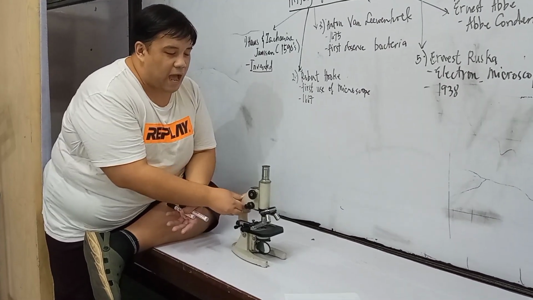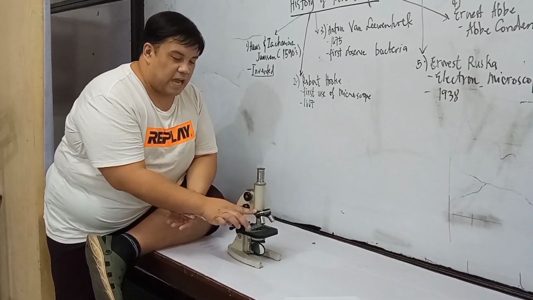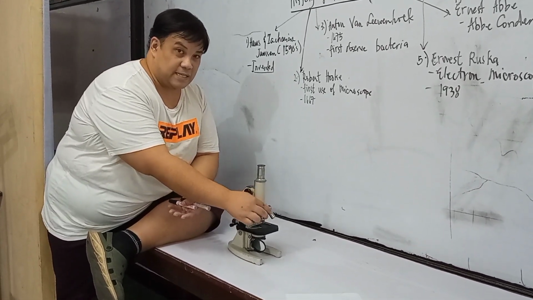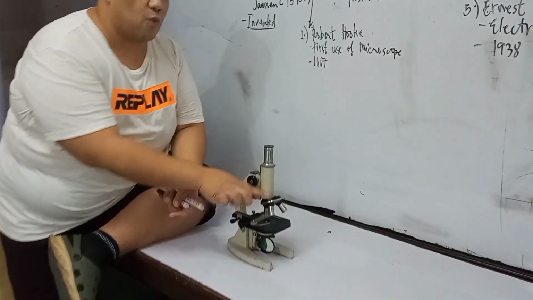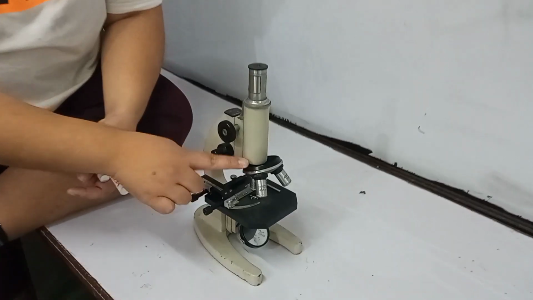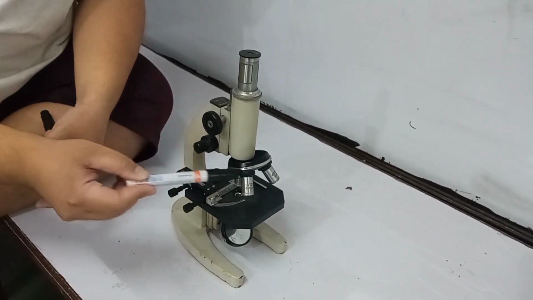And then we have here the dust shield and the nose piece, which are 2-in-1. The dust shield, yung itim, and then the nose piece.